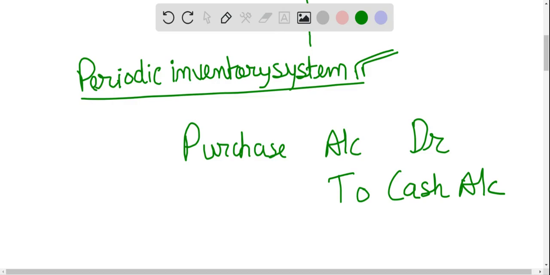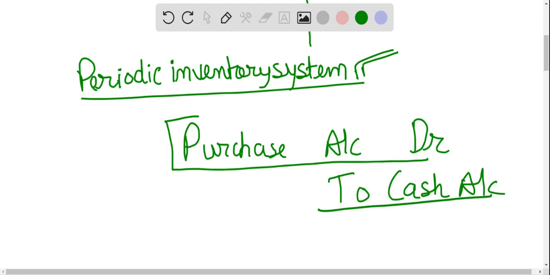Let's say suppose the entity is purchasing the item in cash. Okay, so the entity is paying the supplier in cash form to purchase the raw material. So purchase is to denote the items or raw material that has been purchased from the supplier. Okay, and cash has been credited to denote that cash is being paid for purchase of raw material.